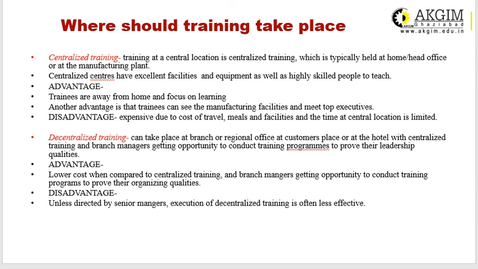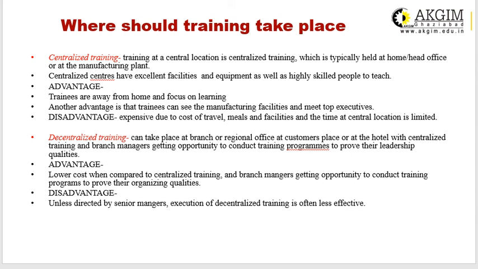Then you have to decide where the training should take place, whether it should be centralized training or decentralized training. Training at a central location is typically held at the home or the head office or the manufacturing plant. Centralized centers have excellent facilities because they have been built purposefully for training only.